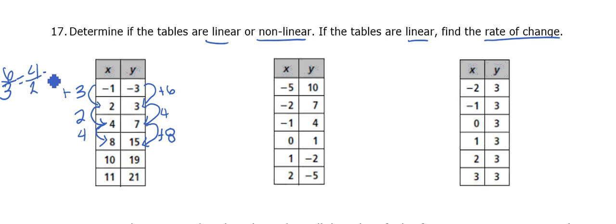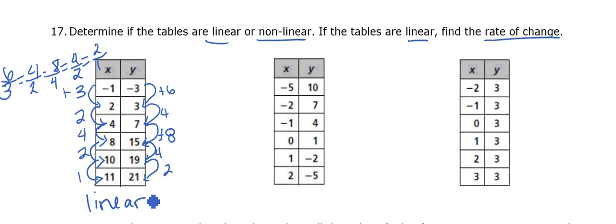So this would be 8 over 4, which still simplifies to 2. And then I have 4 over 2, and again simplifies to 2. And then I have 2 over 1. So again, 2 over 1 also simplifies to 2. So this would be considered linear. And also, I can see if the most simplified one is actually what my rate of change is. So 2 over 1, or I could actually say my slope is 2 or my rate of change is 2.